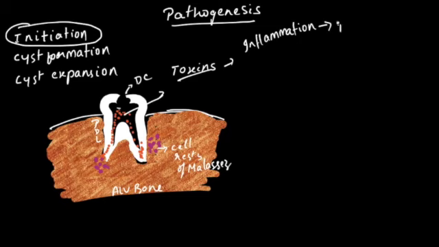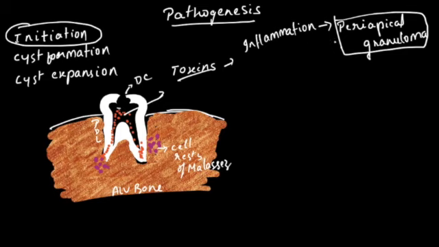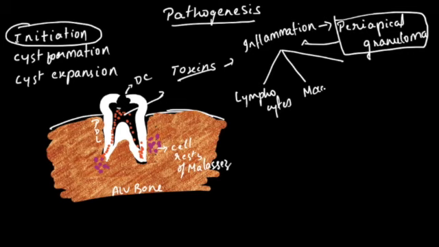This inflammation in the periapical tissues is tried to be warded off, and that causes the formation of periapical granuloma. When the periapical granuloma persists, there is fueling of the inflammation, and this inflammation releases cells such as lymphocytes, macrophages, and plasma cells.